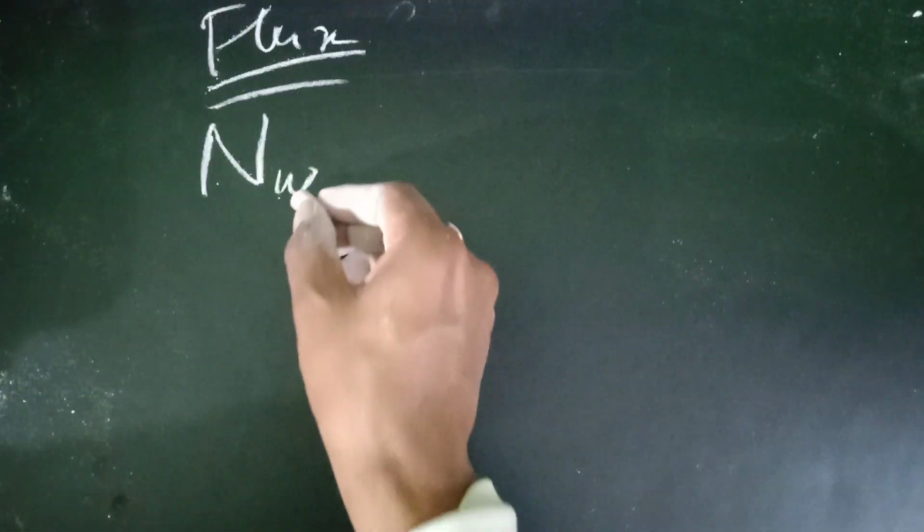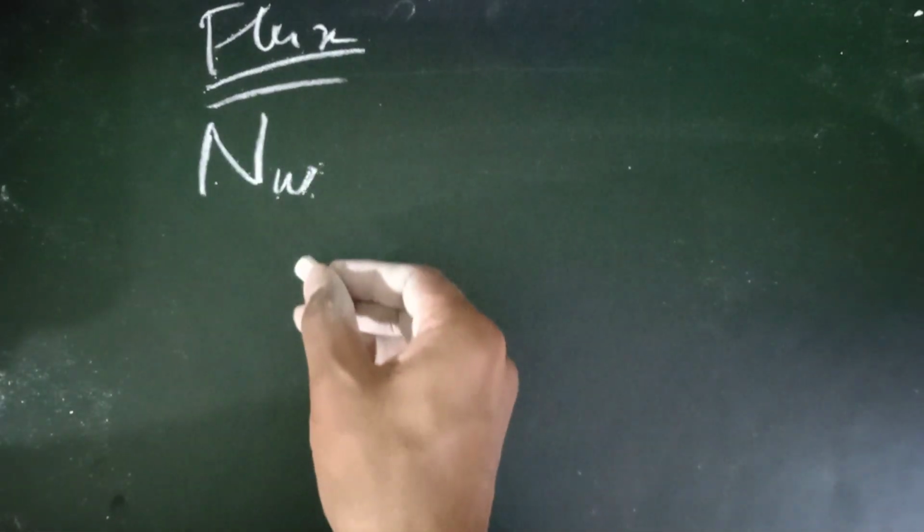Once this is clear, that we have our driving force as delta P minus delta pi, we can find out the flux. We have two fluxes. One is for the water, or let's say the solvent.